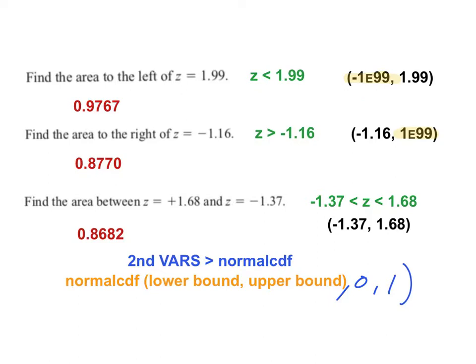So what you do is you type in negative 1, that EE button, and then 99. And it should look like this on your screen. Then your upper bound, for this case, is 1.99, and then you still have the 0 and 1. You should go through it, and you should still get the 0.9767. Okay?